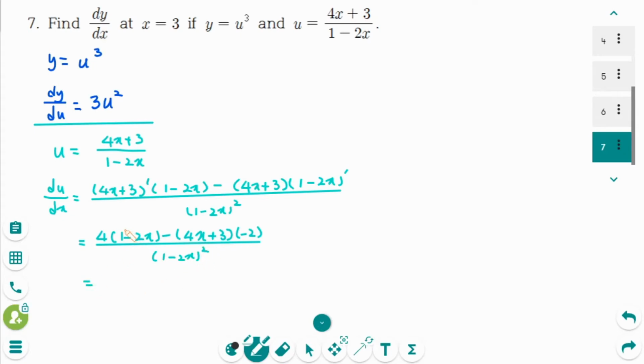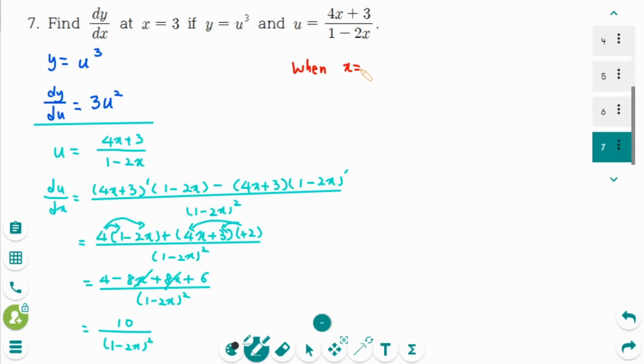Then expand: 4 minus 8x, make positive, plus 8x plus 6 over 1 minus 2x squared, then cancel, so 10 over 1 minus 2x squared.